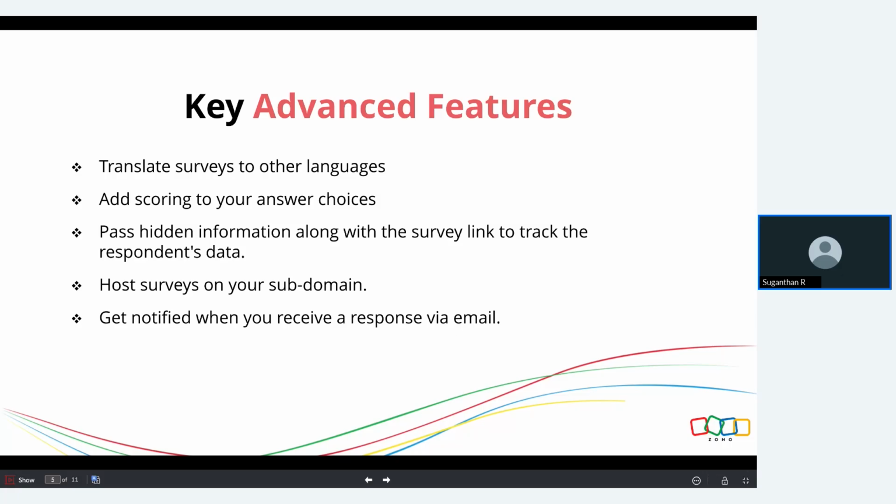Whereas if you want to identify which regions the data comes in from, we can have parameters passed, something like country=US and country=Canada, and send the appropriate links to the target audience, to make sure that you are able to filter the responses based on regions if required within the reports. So these are some of the features that will be really helpful.